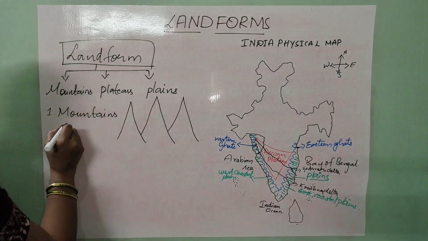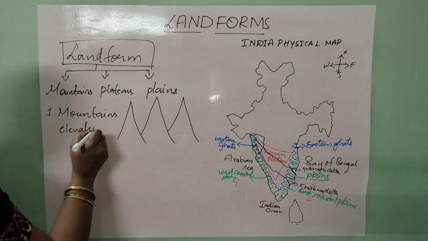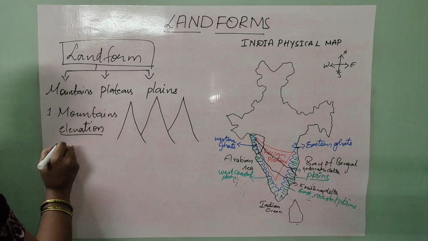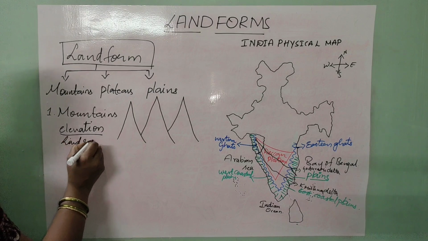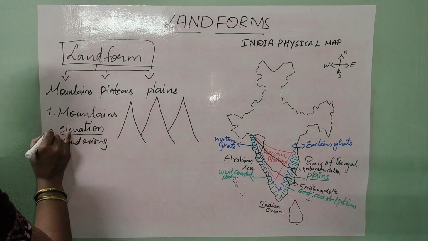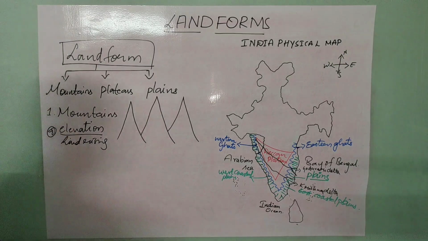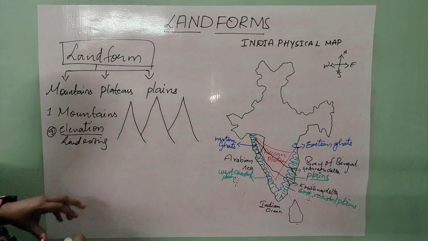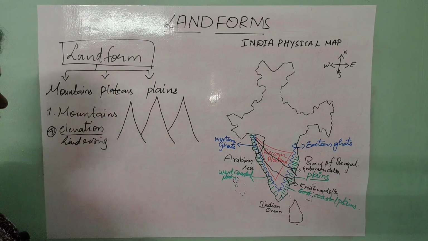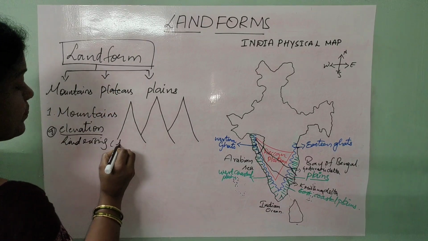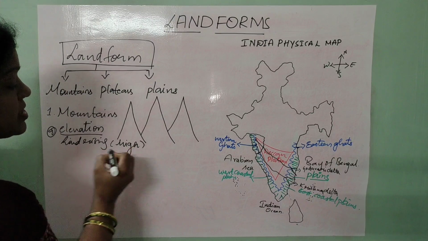First thing, elevation point. You have to consider the elevation or land rising. When you focus on the first point regarding the mountains, what should be the factor to be considered about the elevation? How is the land rising? Yes, it is high. The elevations are high.